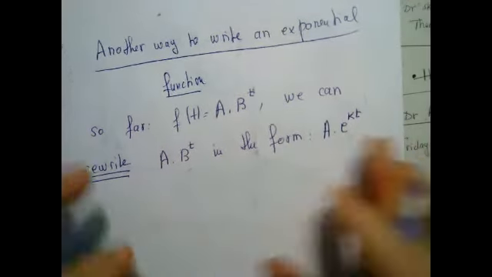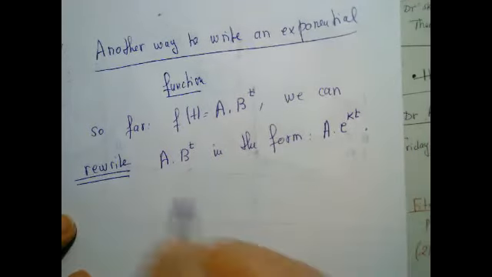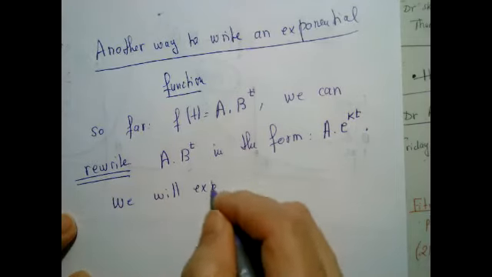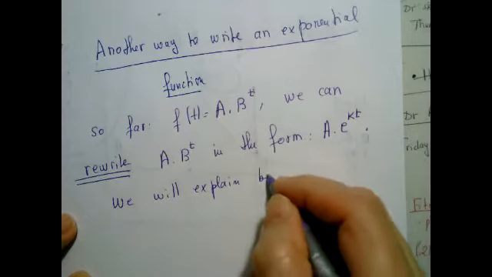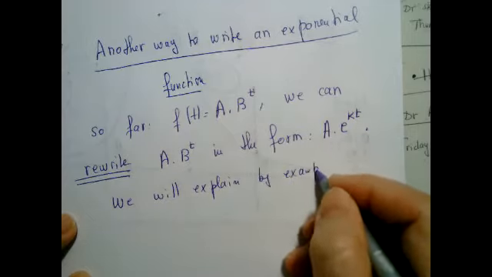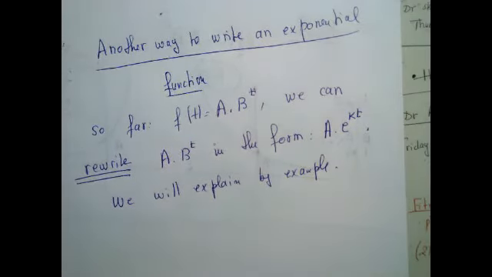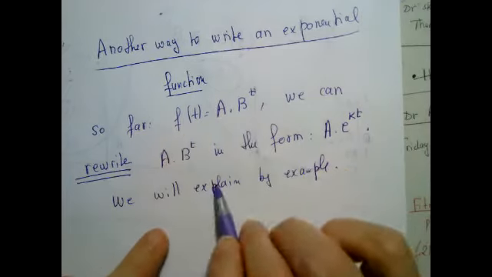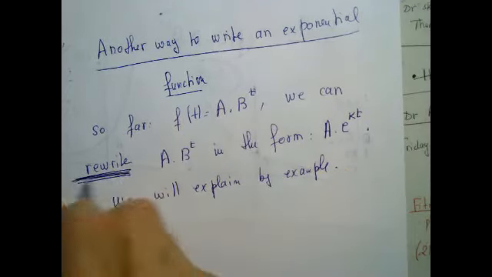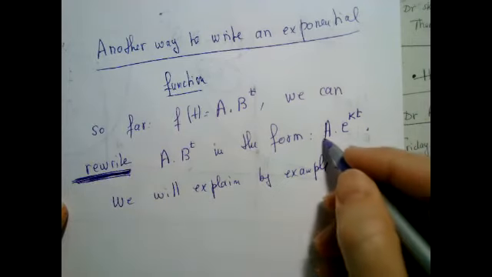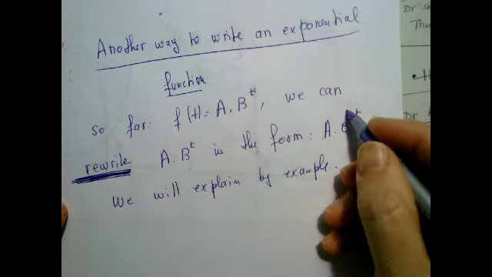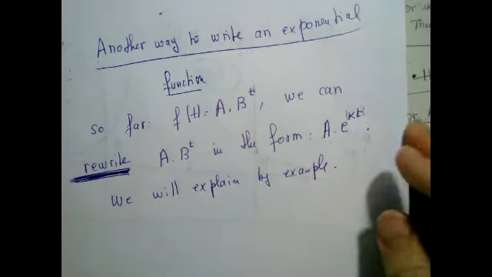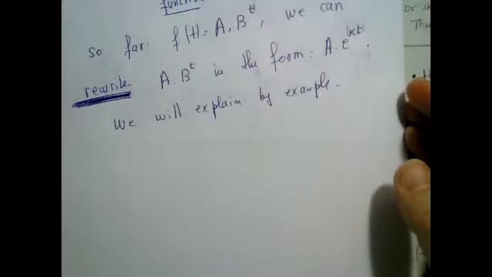Of course, I have to explain where it's coming from, and we will explain by an example. So far, every exponential function we wrote in this form, but today we can rewrite it, not change it, in the form A times e to the kT. What is the k, what's the e, and where is this coming from? I will explain by an example, and then we'll take the rule.